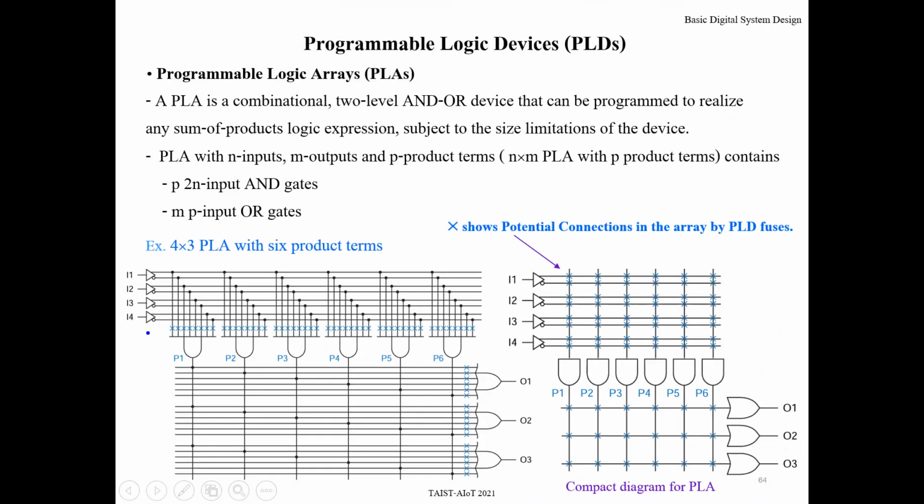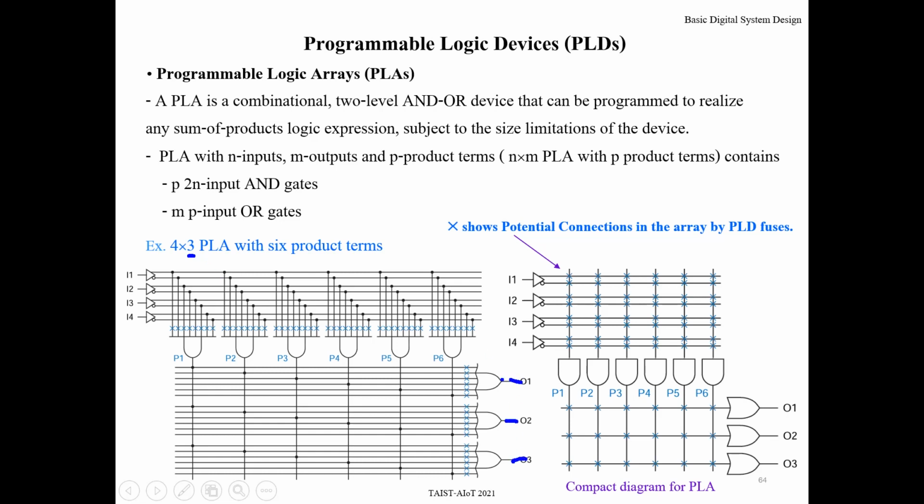For example, here there is a 4 by 3 PLA. The 4 means the number of inputs: 1, 2, 3, 4. If we use 4 input variables, this AND gate must have 8 inputs, right? 8-input AND gate and 3 outputs.